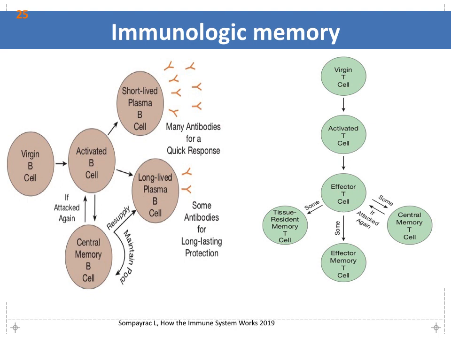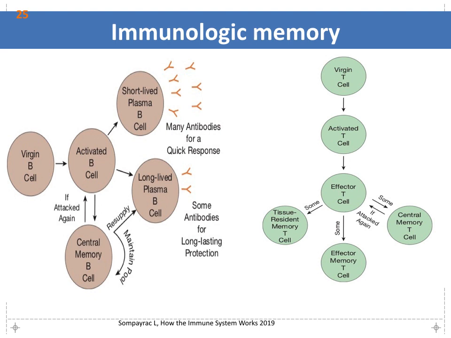But the majority of these plasma cells are short-lived. They produce antibody only for a short period of time and then they die. But the long-lived plasma cells go back to the bone marrow and may be responsible for longer-term production of antibodies. But you also have central memory B cells.